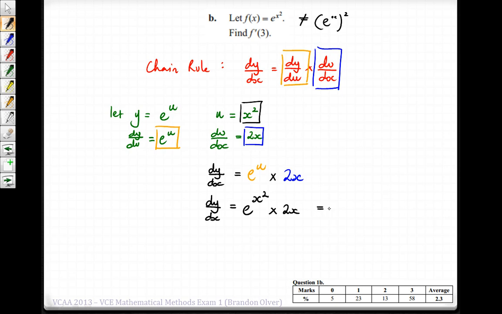Of course this is just f dashed of x, they're the same thing. So f dashed of 3 is just equal to e to the power of 3 squared times 2 times 3. So that should give us 6e to the power of 9. And that's the answer to the question.